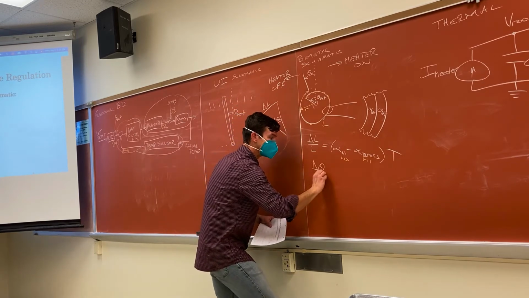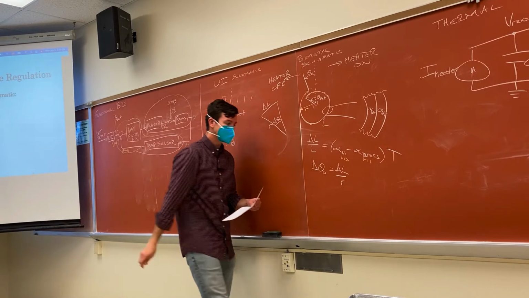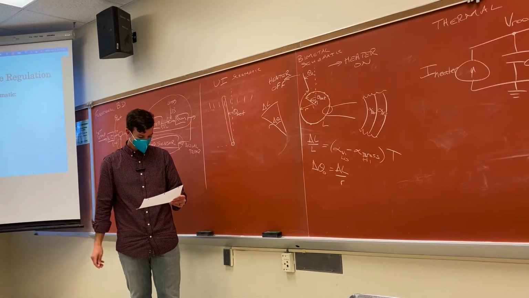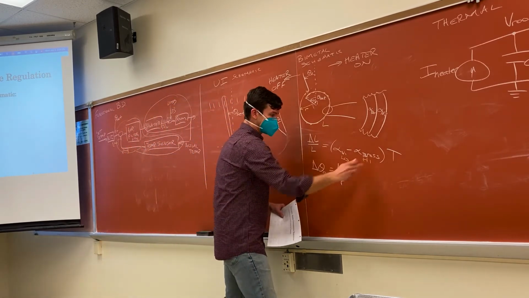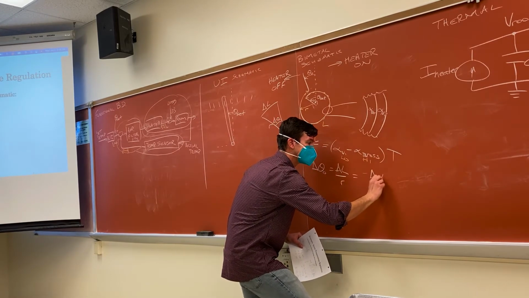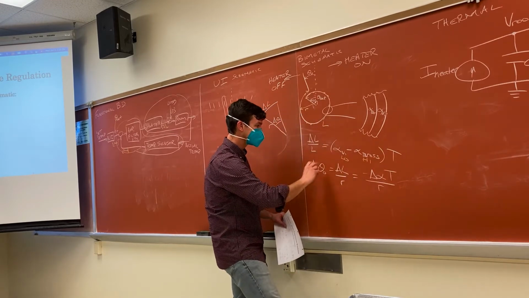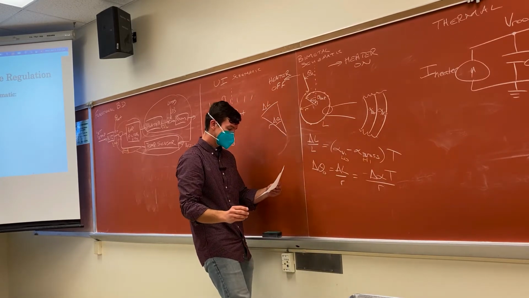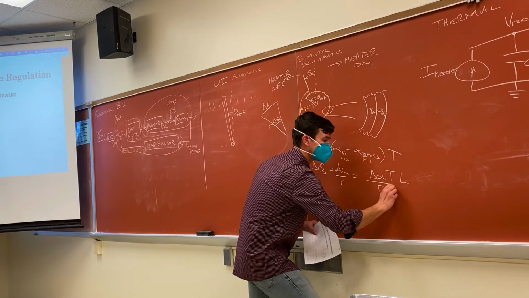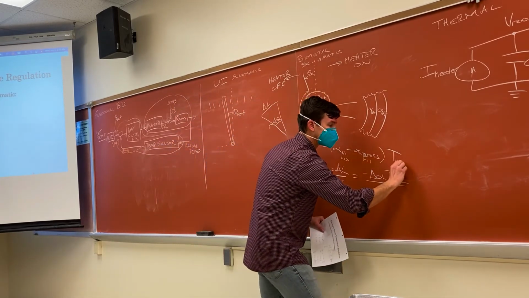Delta theta O is going to be delta L divided by the radius of the coil, which is itself negative delta alpha times T over R times L. And this is the temperature of the room.